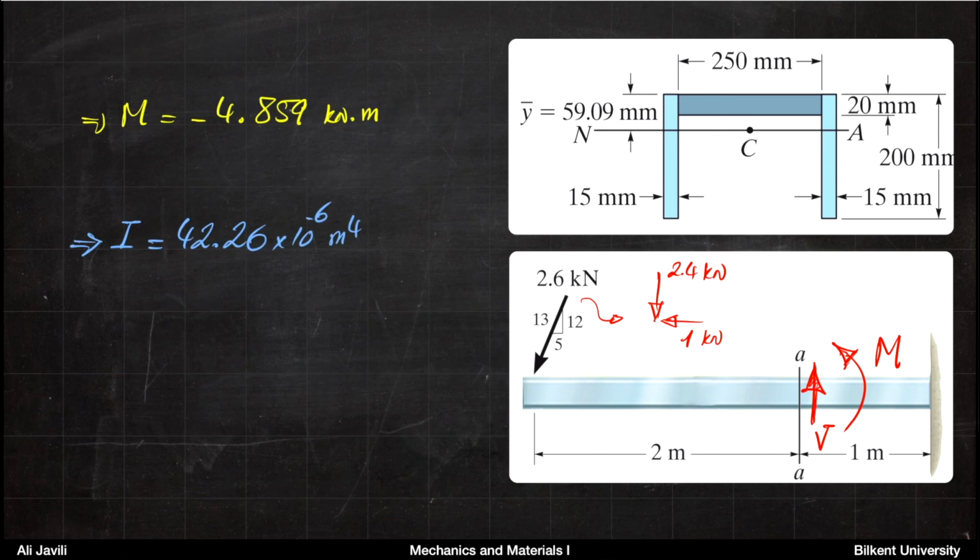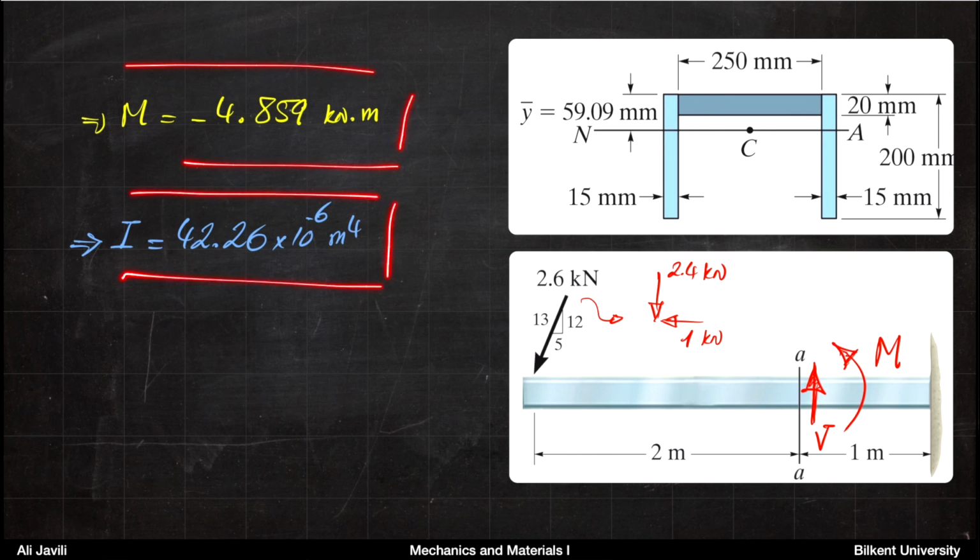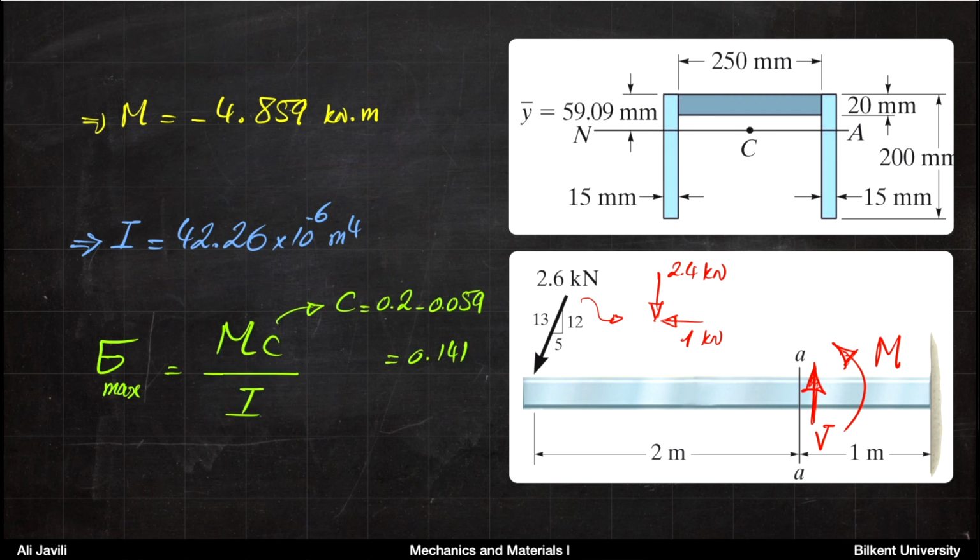All right, long story short, now we have the moment. We have the moment of inertia. All you have to do is to insert this into your formula. Sigma max equals Mc divided by I. And now c is the distance from the farthest point.